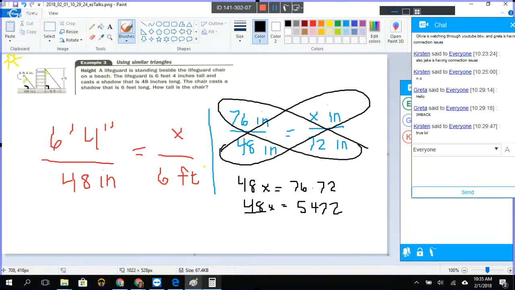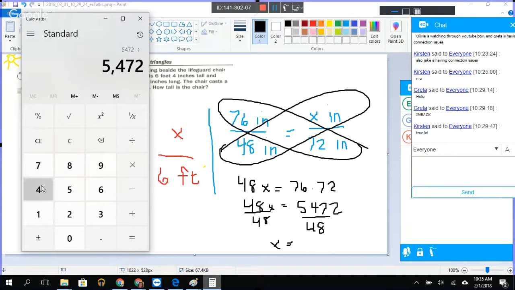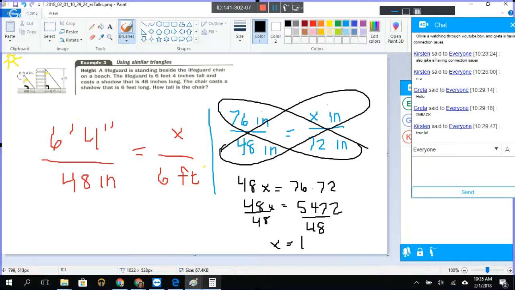Okay. Then we're going to divide both sides by 48. And we end up with X equals, divide by 48, 114 inches. So the lifeguard chair is 114 inches tall.